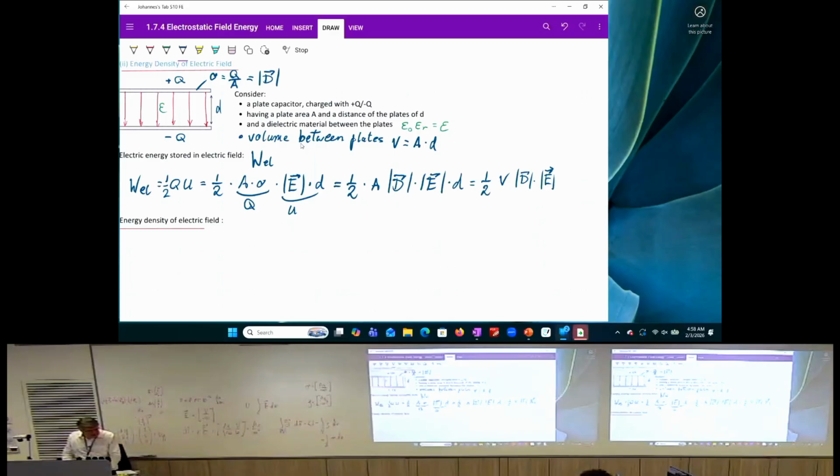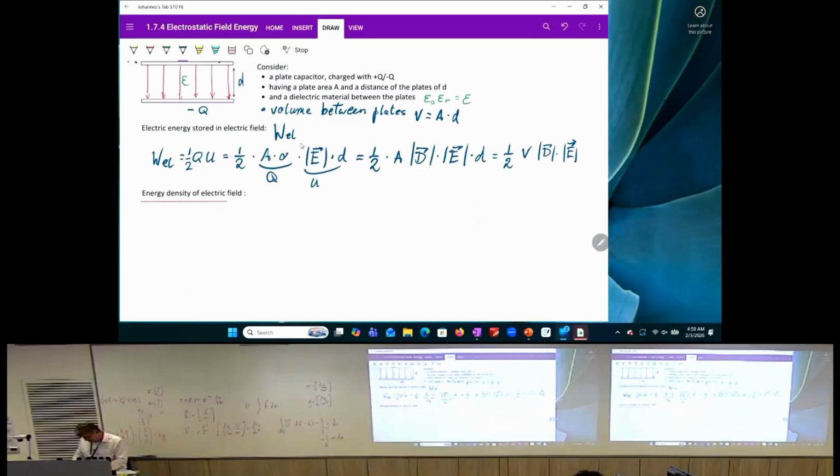And instead of taking the energy, or in addition, alternatively, of the capacitor as such, we can also look now at an energy density. So we look at the energy density of the electric field, and that we denote now as a small w.